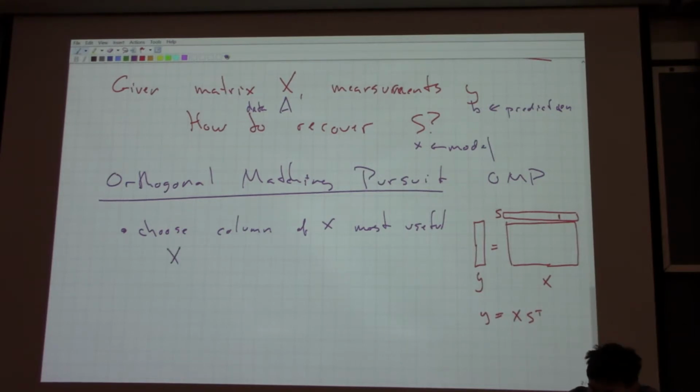Xj is going to be the arg max over j of the magnitude of the inner product of Y and Xj. So this is going to be the jth column of X which maximizes the magnitude of the inner product with Y.